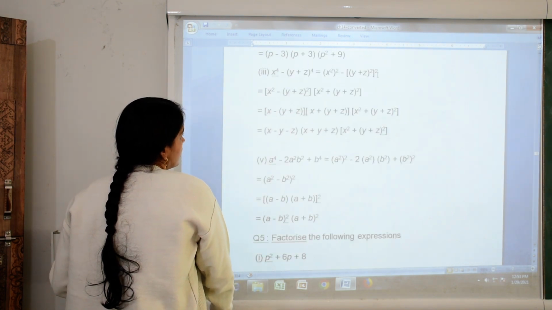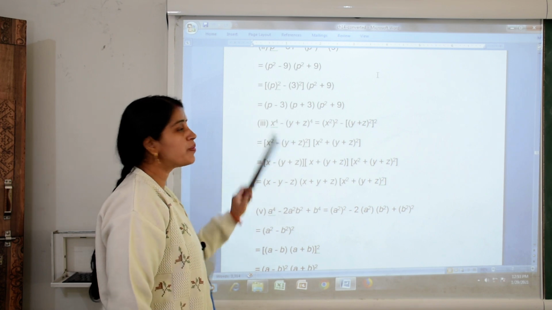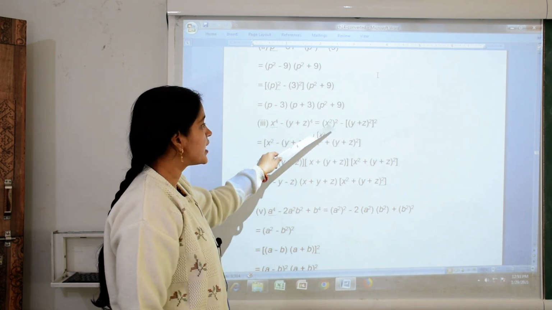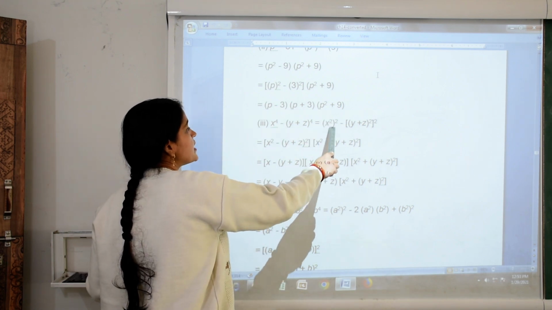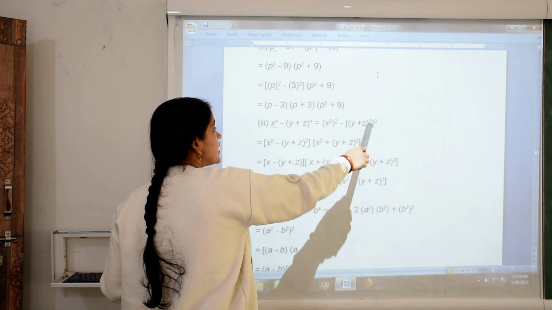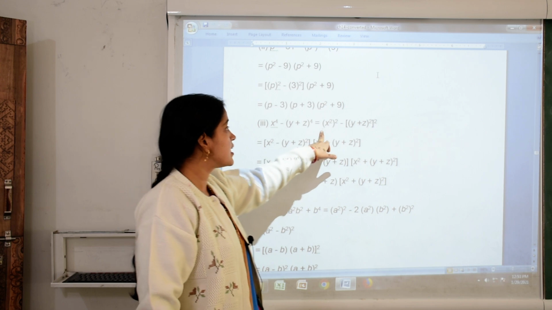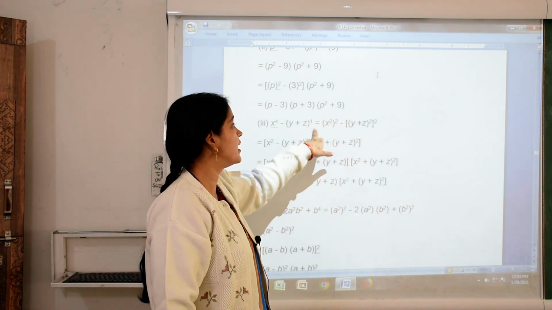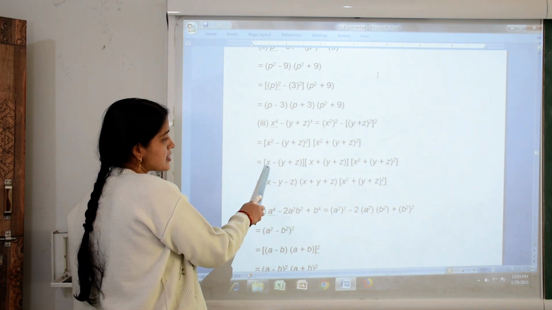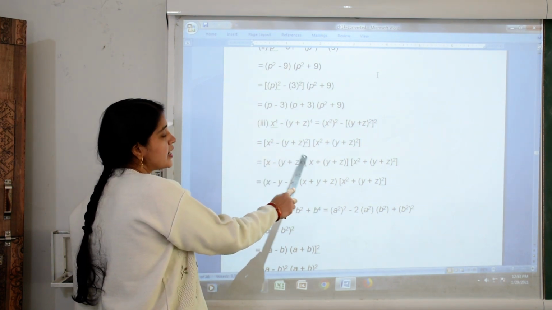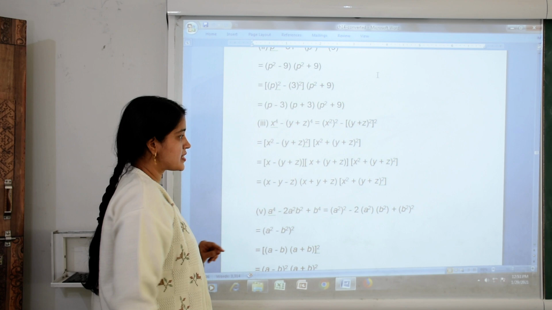Now in this one, two brackets are given, so again we convert it into the square form. So this complete is a and this complete is b, that means a minus b and a plus b. So this one comes as x minus y plus z and x plus y plus z.